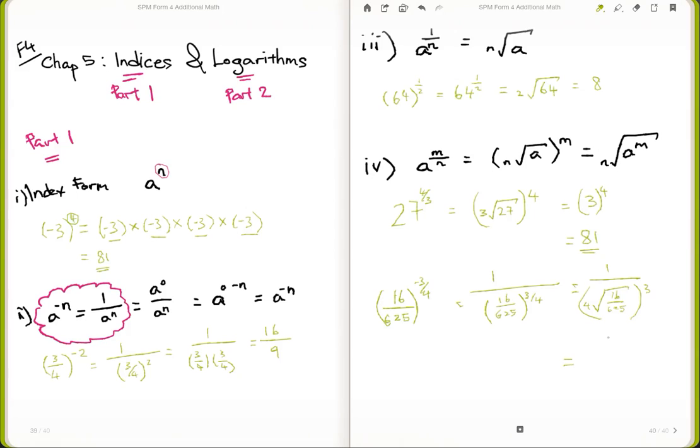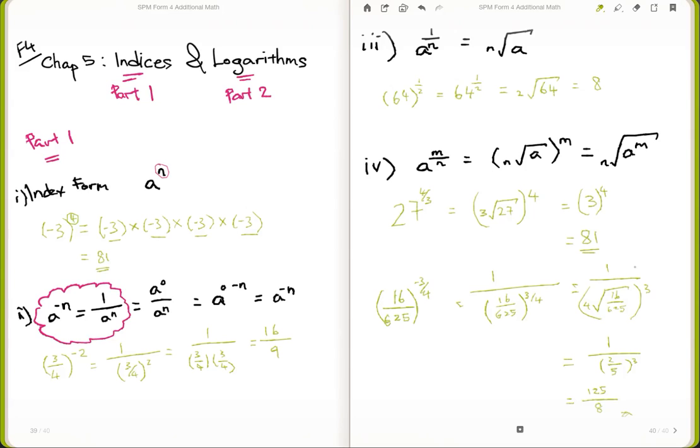The answer would therefore be 1 over 2 over 5, raised to the power of 3. And then put it in the calculator, the answer is supposed to be 125 over 8. Okay, I hope you enjoy this first part.